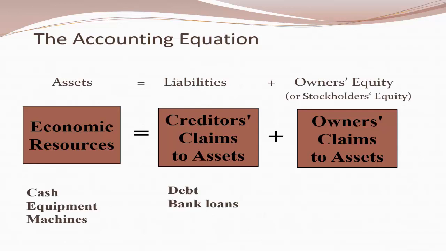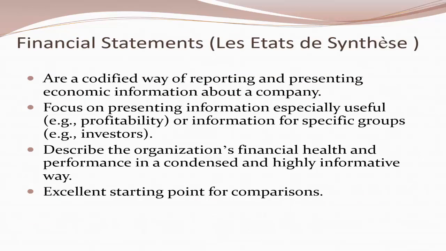So the economic resources could be cash, equipment, or machines. The creditors' claims to assets could be debt or bank loans. The owner's equity could be capital stock, and so on.